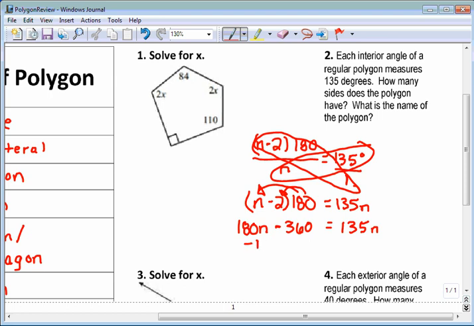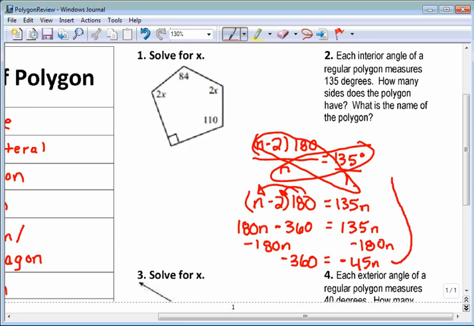So I'm going to subtract 180n from both sides of my equation, which gives me negative 360 is equal to negative 45n.